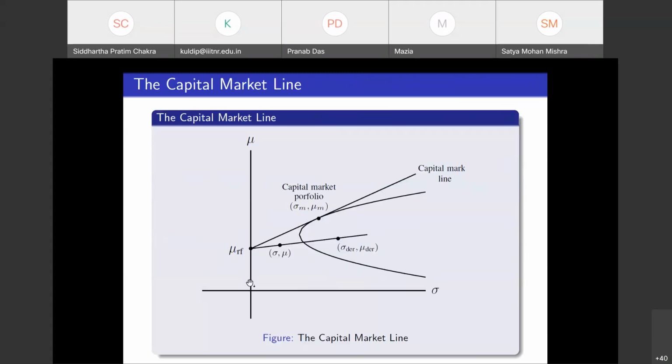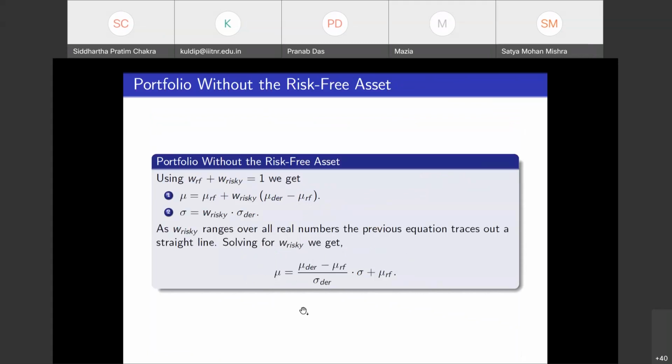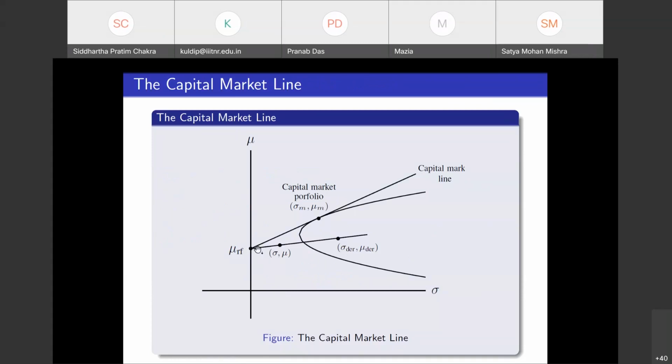So you should view this as a linear relation in the sigma mu plane, and you can treat mu dir and sigma dir as fixed quantities because they are derived once your sigma and mu are known. So you get many such lines, and the last line, the line with the highest slope, is the one which will be here.